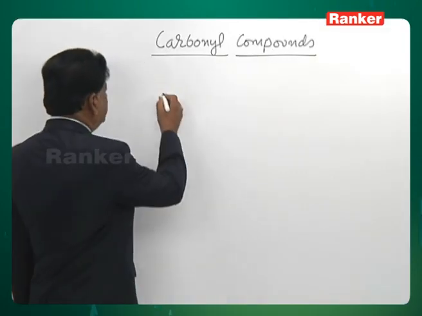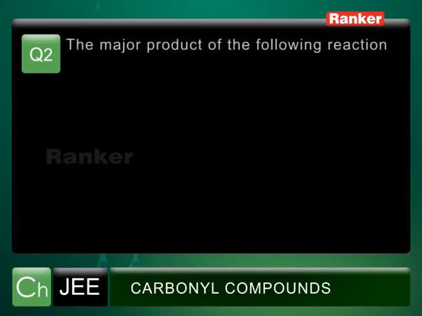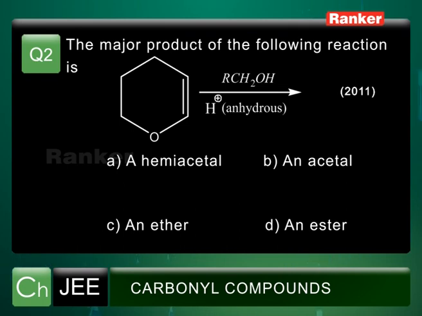Let's go to question number 2. The major product of the following reaction is, it's a recent question, a 2011 question. A cyclo compound is given with a double bond O adjacent, and treated with an R substituted methanol in presence of anhydrous H plus, maybe hydrochloric acid with less water.